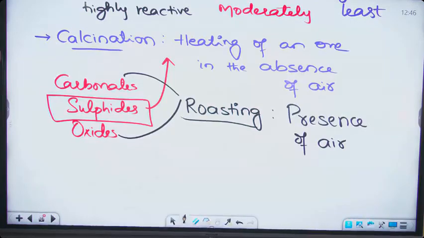Carbonates and oxides are subjected to roasting process. Sulfides are for calcination, carbonates and oxides are for roasting process.